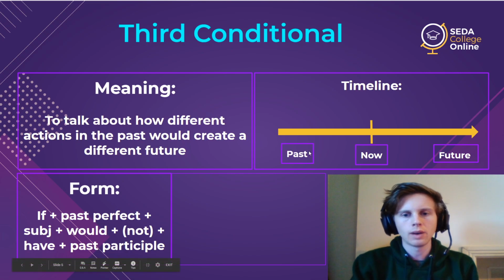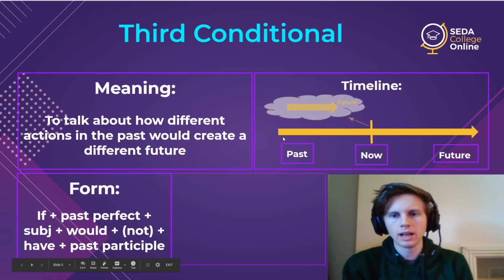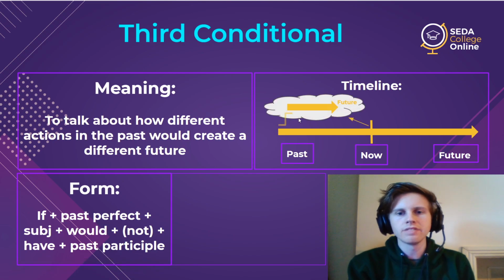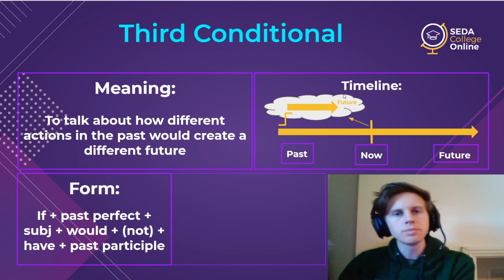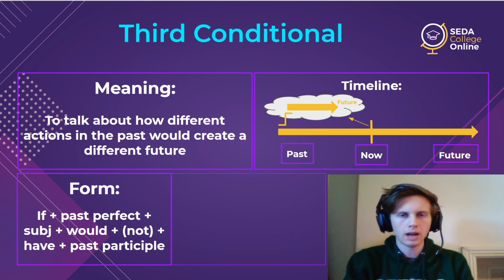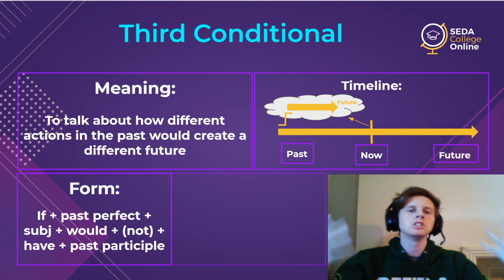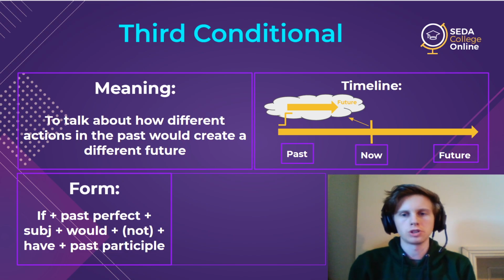And so I look into the past and say, well, if I had done this, this would be the future now. So I'm imagining if something different happened in the past, if I changed my action, I changed my behavior, the future would be different. So I'm imagining now this new future standing in the present.